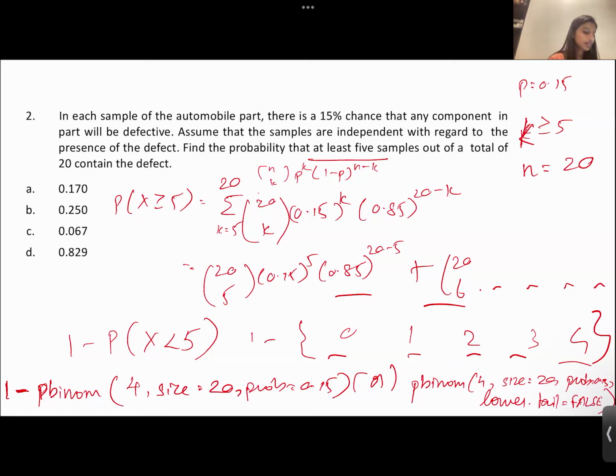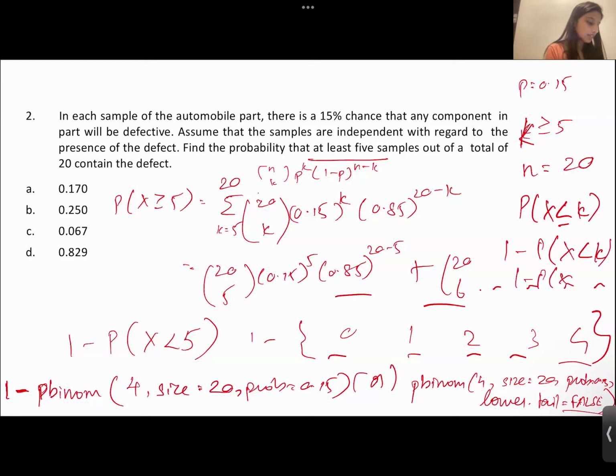So we just saw that by default lower tail is equal to true, which gives you P of x less than or equal to K. So when you specify lower tail is equal to false, you get 1 minus P of x less than or equal to K. This is equal to P of x greater than or equal to 5.